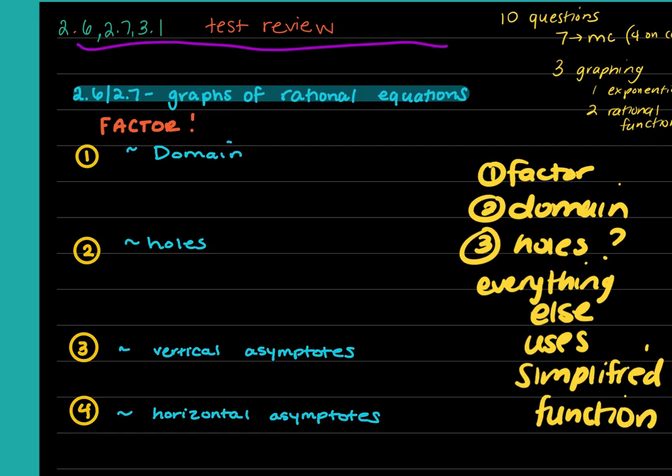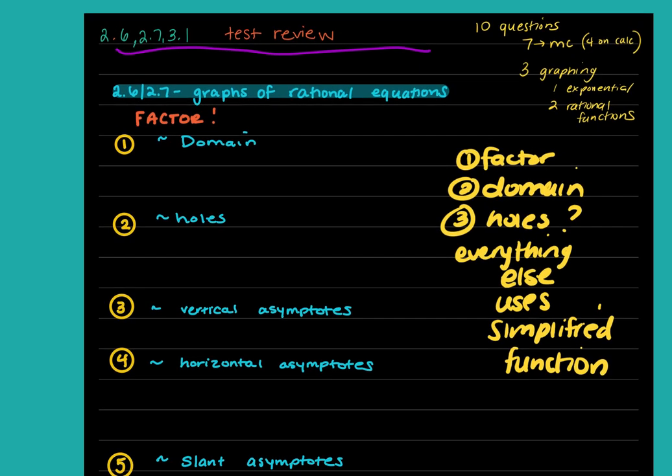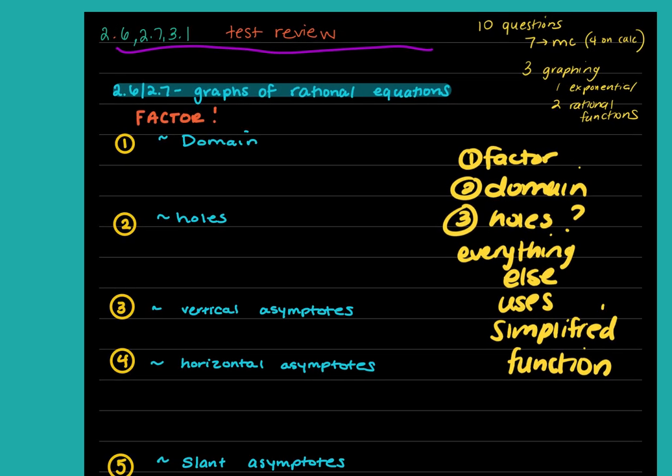So if you made that mistake on the quiz, you don't want to make it again, okay? Once you cancel out for your holes, those things are no longer part of your vertical asymptotes or your zeros, but they are part of the domain. So even if you cancel things out, it's still a restriction on your domain.